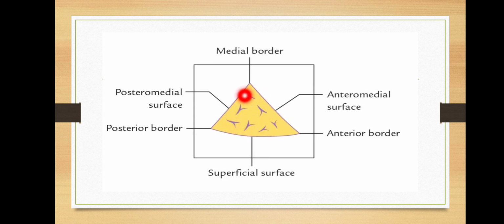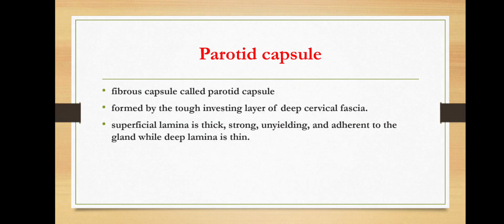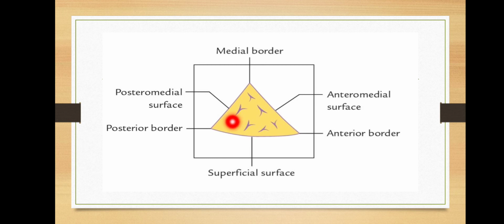I repeat, it has four surfaces: the superior surface, which can also be called the base, the superficial surface, the anteromedial surface and the posteromedial surface. Next, it has three borders: anterior border, medial border and posterior border. So these are the external features of the parotid gland.